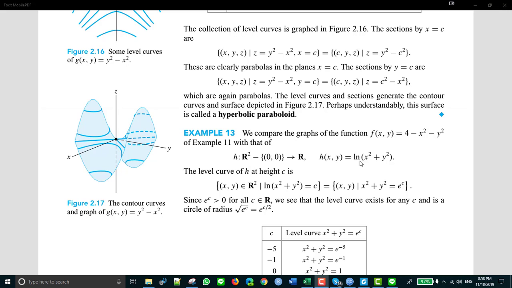Because we're talking about the ln function, the natural log function, and we can't put 0 into there. So we take that out of the domain, and this function h goes from R2 to R because we put in an x and a y that's in R2, and we get out some other scalar, so that's in R.